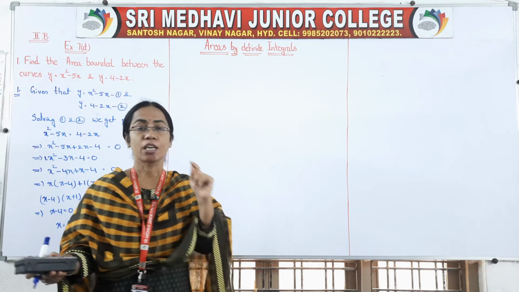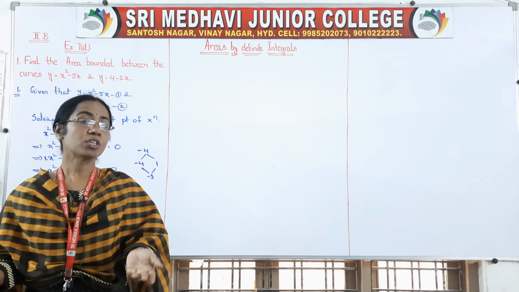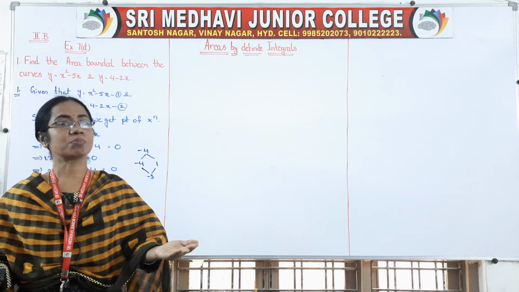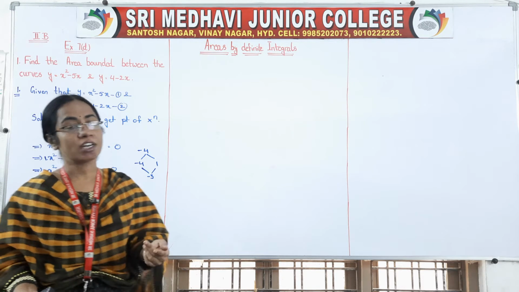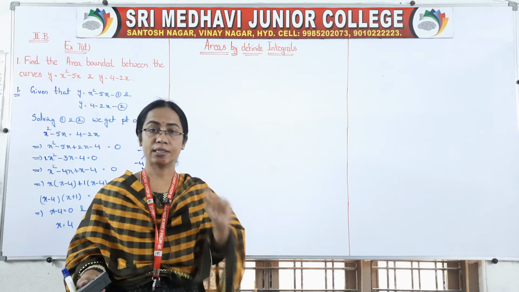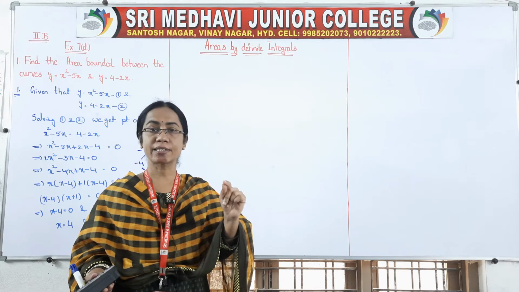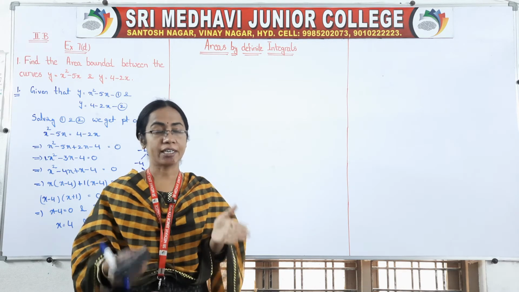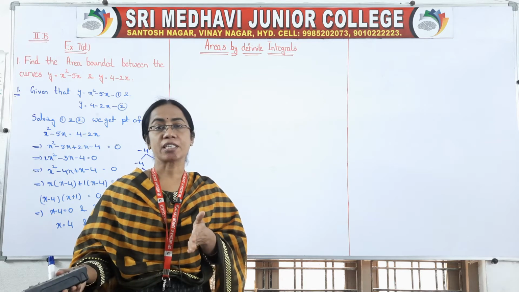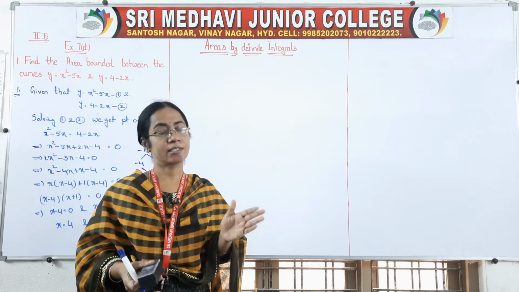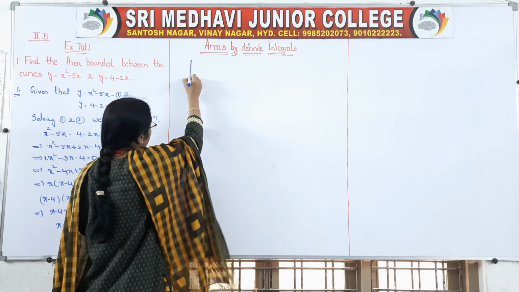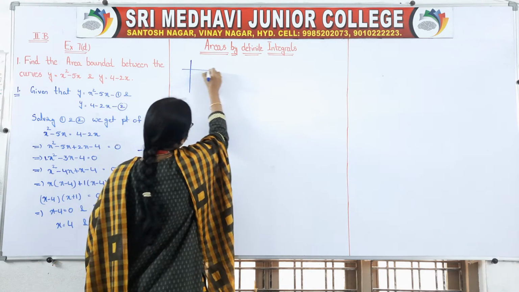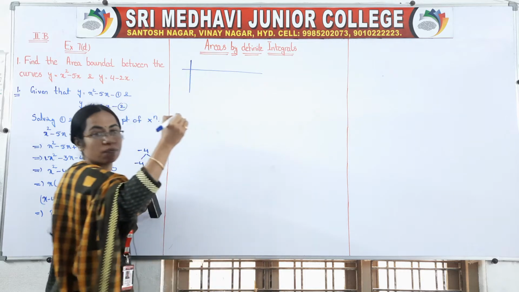That means if we draw the diagram, then only we will know which curve comes upwards and which comes downwards, right? So to draw the diagram, we need x and y values. We will draw the diagram with respect to the x and y axes, isn't it? That's why we have to construct a table so that there will be x and y values.